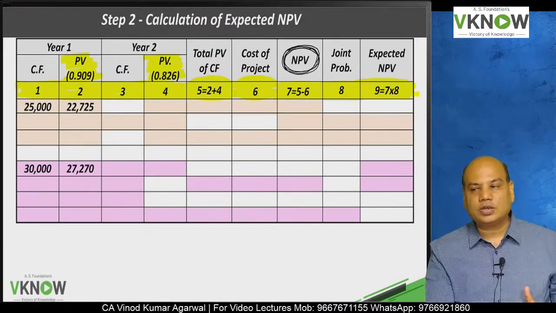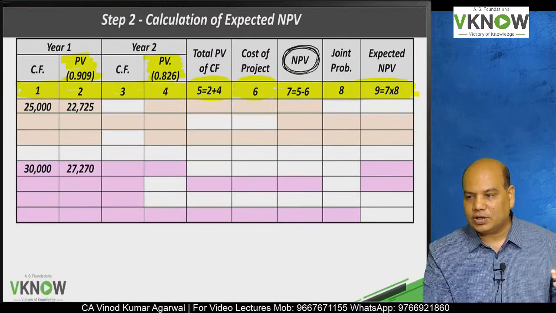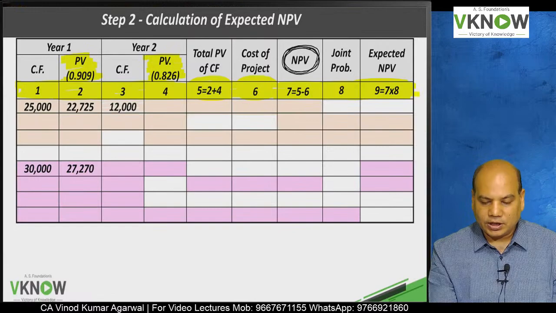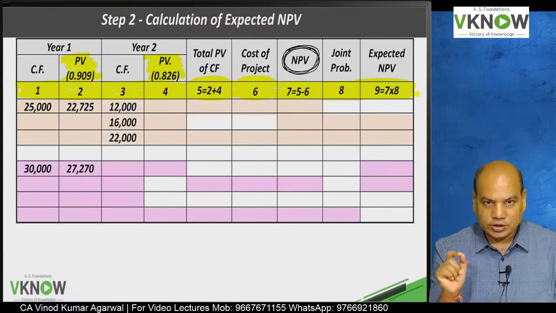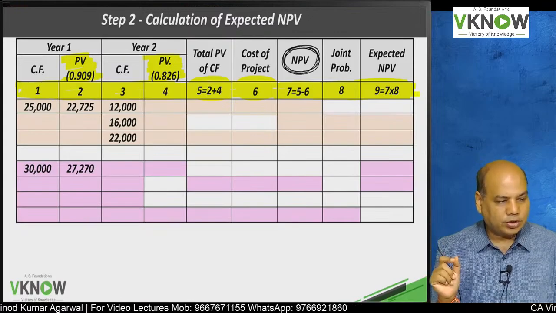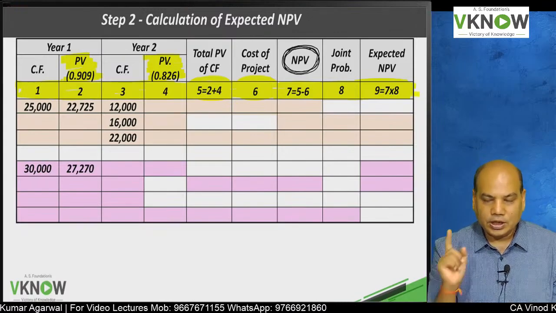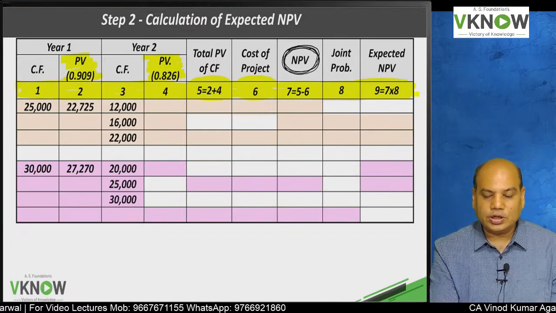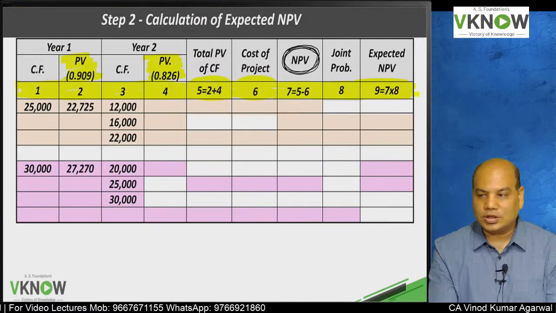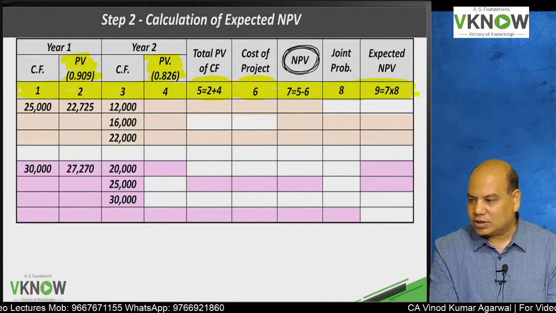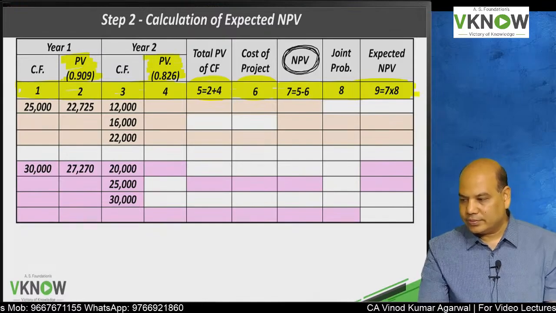This is my first year. Either I will get 25,000 or I will get 30,000. If I get 25,000 in the first year, I will get 12 or 16 or 22 in the second year. If I get 30,000 in the first year, I'll get 20, 25 or 30,000 in the second year. Is this understandable?